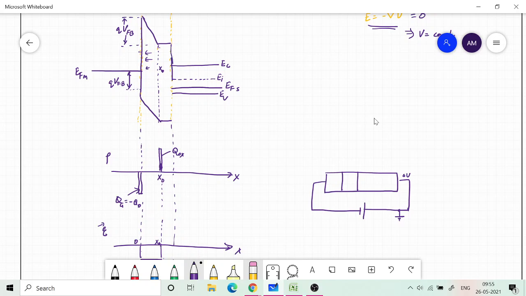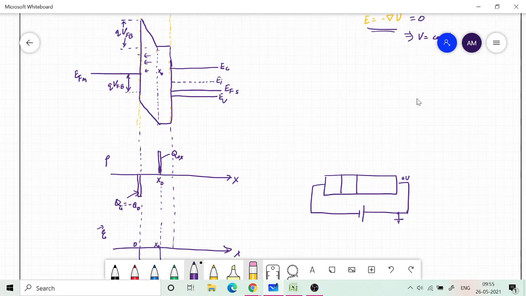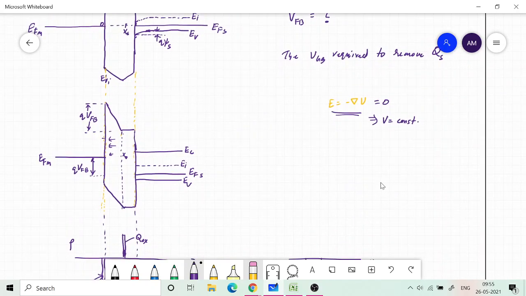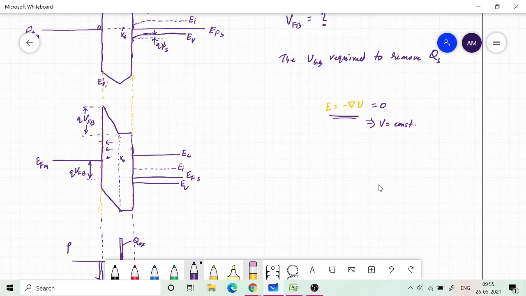Okay, otherwise the band is bent. So it is a voltage that we need to apply in order to flatten the bands in the semiconductor, or in other words to remove the charges inside the semiconductor interface. So that will basically help us to flatten the band.